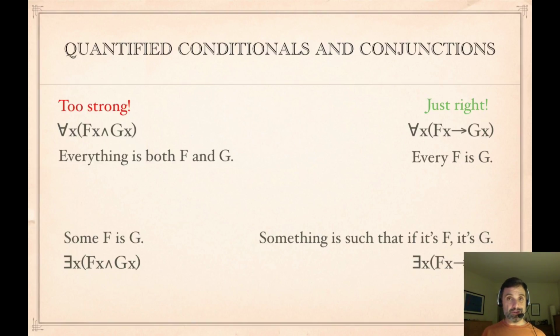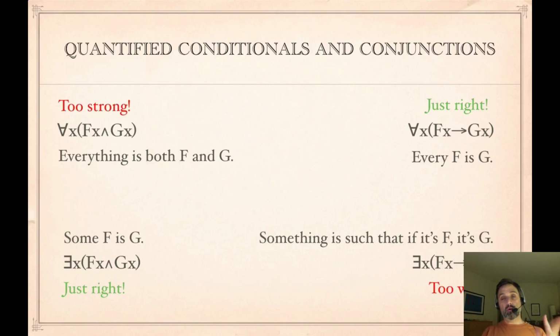And so the conditional is true when x refers to me. So there's something such that if it's a frog, then it's green, whether or not there are any green frogs at all. If there are any non-frogs, the bottom right symbolic sentence is true, but it wouldn't necessarily be the case that some frog is green. So for some frog is green, we need the bottom left. And the problem is that the bottom right is too weak.